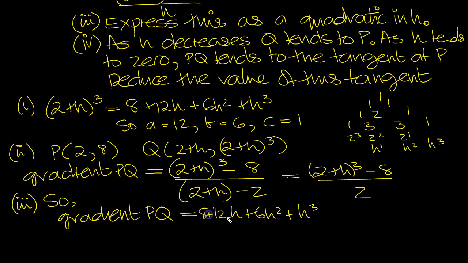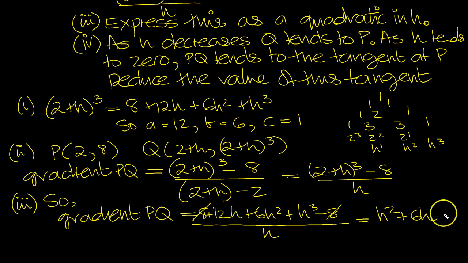We could write 8 plus here, take away the 8, all over 2 plus h minus 2, and that should have been an h, of course. Let me just change that now. And an h goes here. And we can cancel by h, so this will be h squared then, all the way through on top, plus 6h, plus 12. So that's part 3.